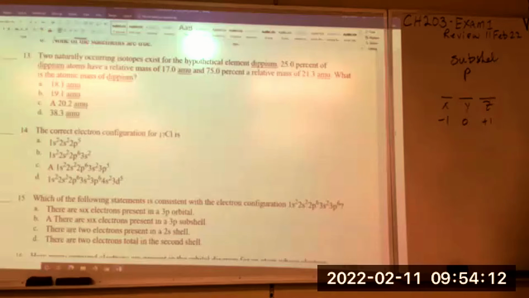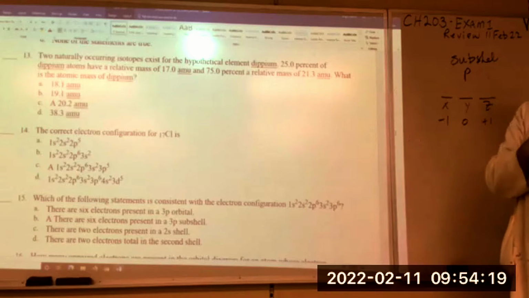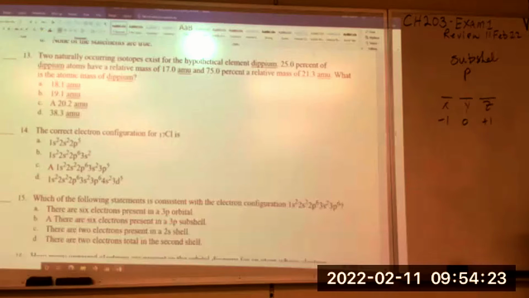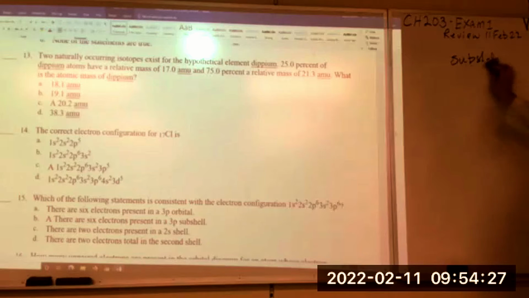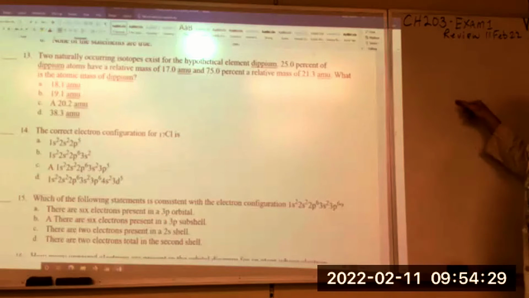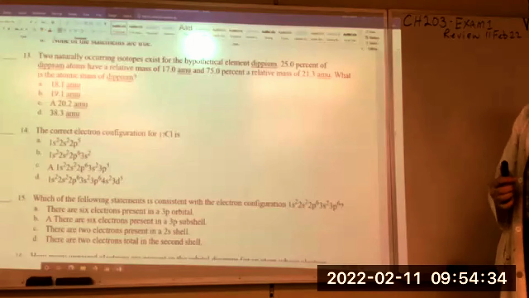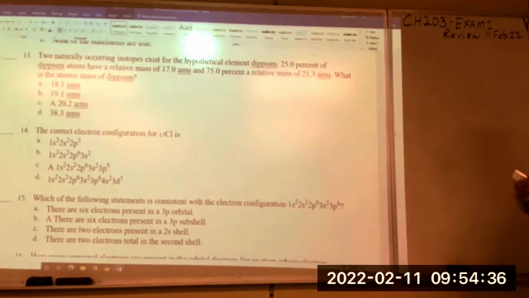But we say x, y, and z sometimes because of their orientation in space, right? One x-axis, y-axis, z-axis. And each one of those can only have 2 electrons, spin up, spin down, plus 1/2, minus 1/2. So there's your answer right there.